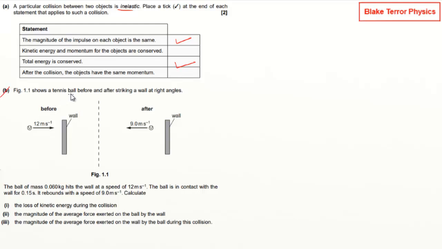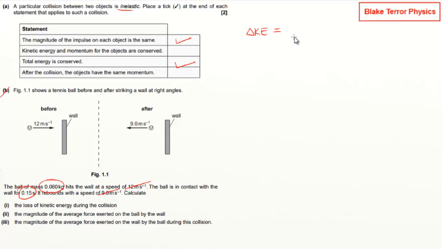Now we've got a tennis ball hitting a wall. They've given us the speeds, the mass is 0.06 kilograms, and we've got a time of collision. Calculate the loss of kinetic energy. We've got half mv squared for each one.